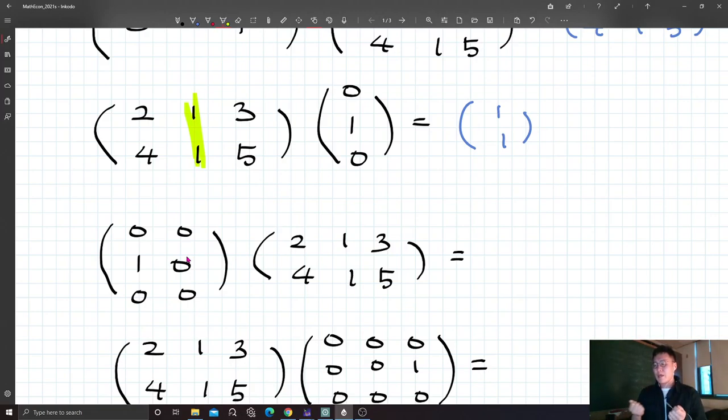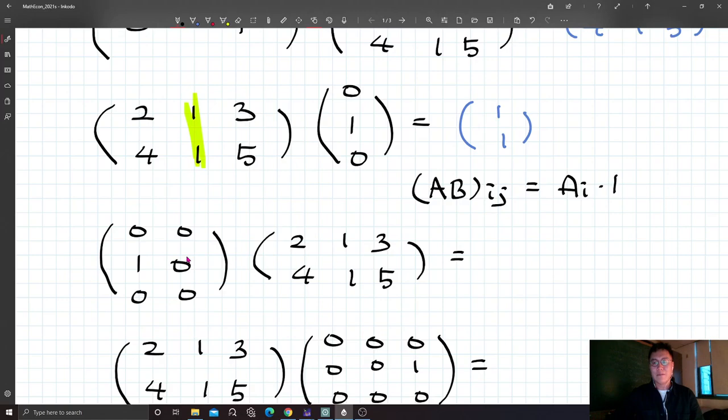Remember that when we compute the product of two matrices, if we have the product AB, then its ij-th entry is going to be A sub i dot and B super j. So the product is determined by one row vector of the first matrix and one column vector of the second matrix.